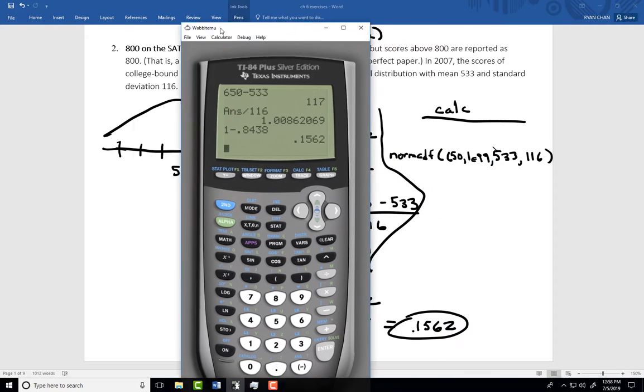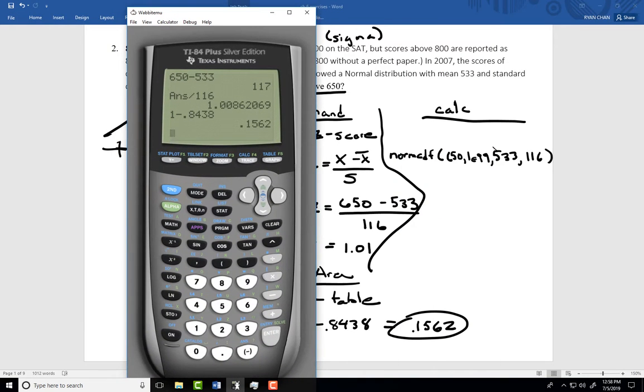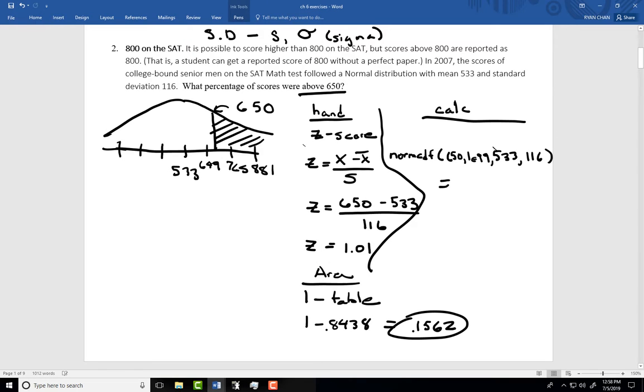So let's do this on the calculator. I do second vars. And notice once again, you're going to be a tiny bit off. I get 0.1566, and that is my final answer right there.